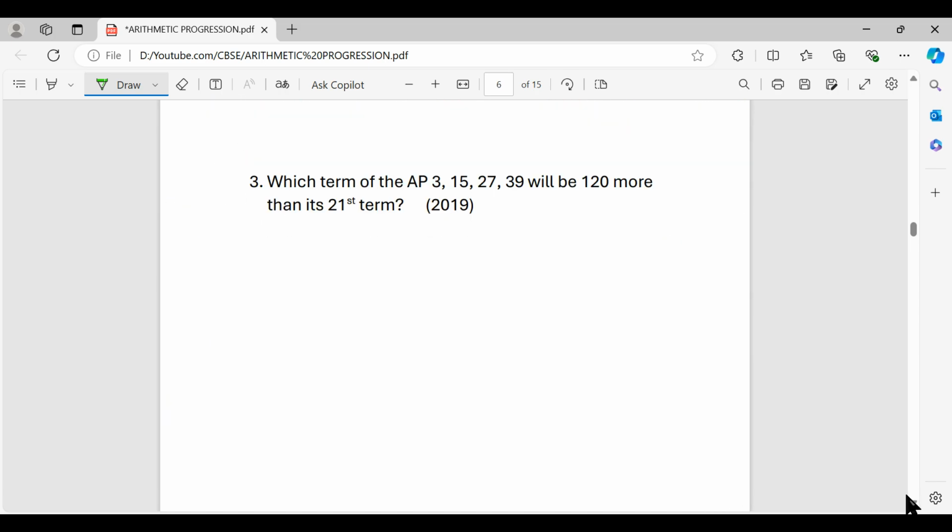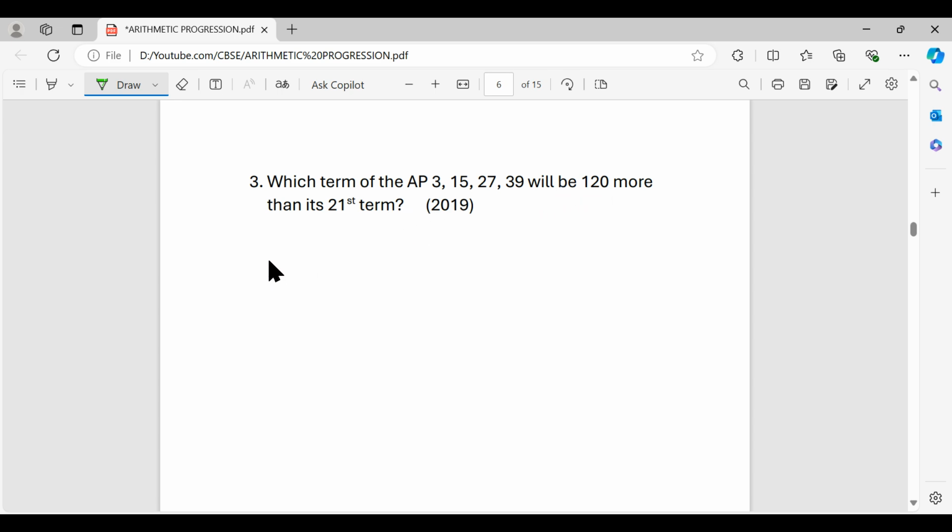Now, the next question is, which term of the AP 3, 15, 27, 39 will be 120 more than its 21st term? So what this question says is, which term of the AP 3, 15, 27, and 39 will be 120 more than its 21st term.